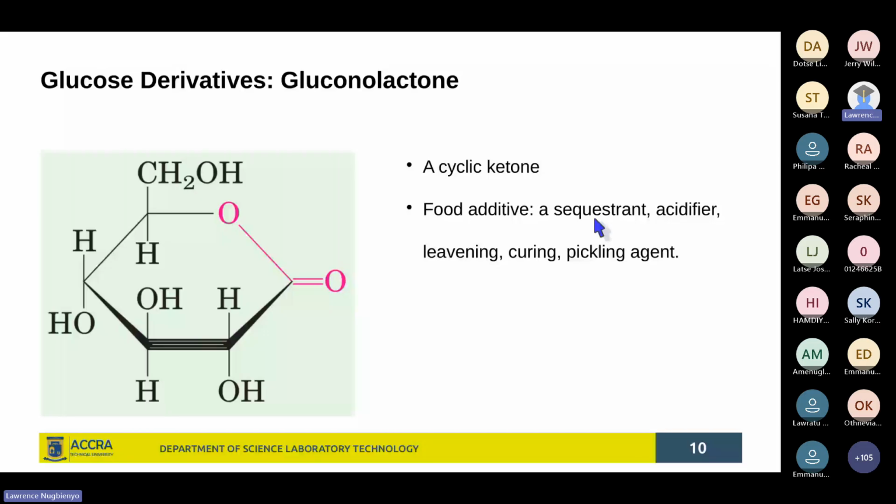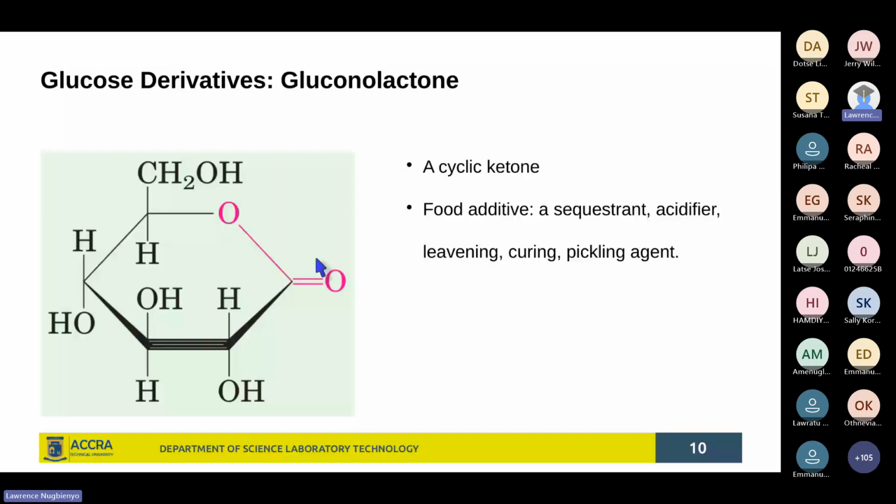You find gluconolactone used as a stabilizer, which will be preventing the oxidation of free fatty acids, so that you don't have these oils turning rancid, which begins to give some sort of rusty smell of the food and even the taste of it.